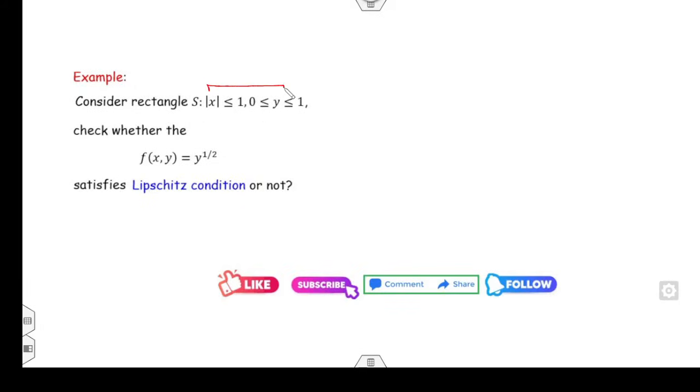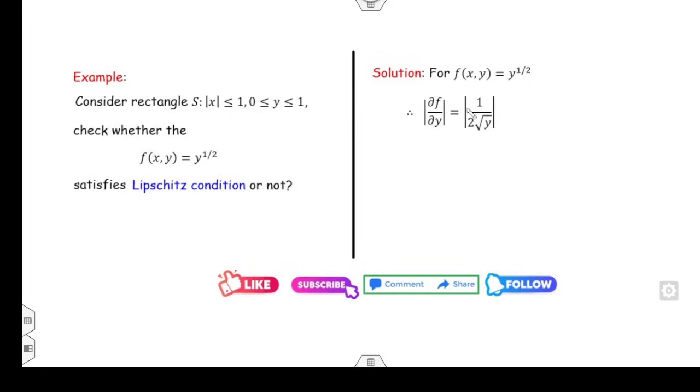Look at the next one. Again the rectangle is given to you, you have to check whether the Lipschitz condition is satisfied or not. Again the modulus is not written, so we can start with del f upon del y. The rectangle is already given to you. If you find the derivative you will get this case. Now what will happen, it goes to infinity as y goes to 0. Is 0 part of this? Yes, y equal to 0 is part of the rectangle. What does this mean?